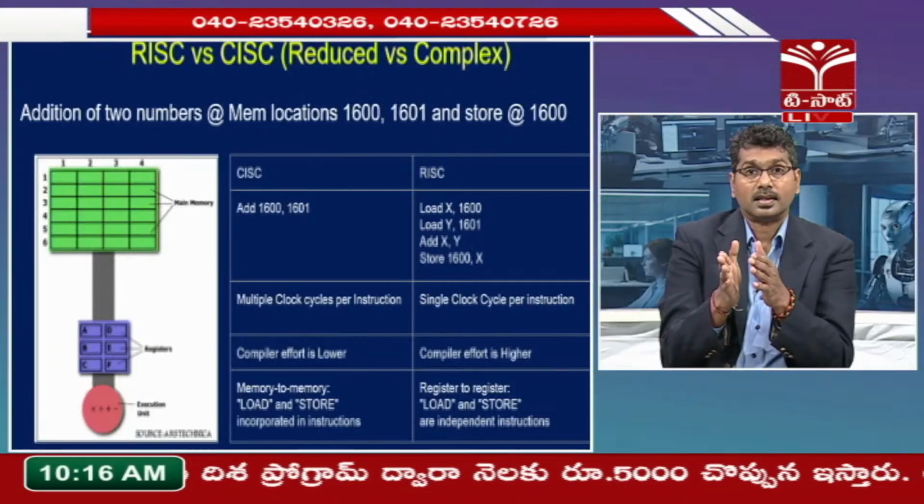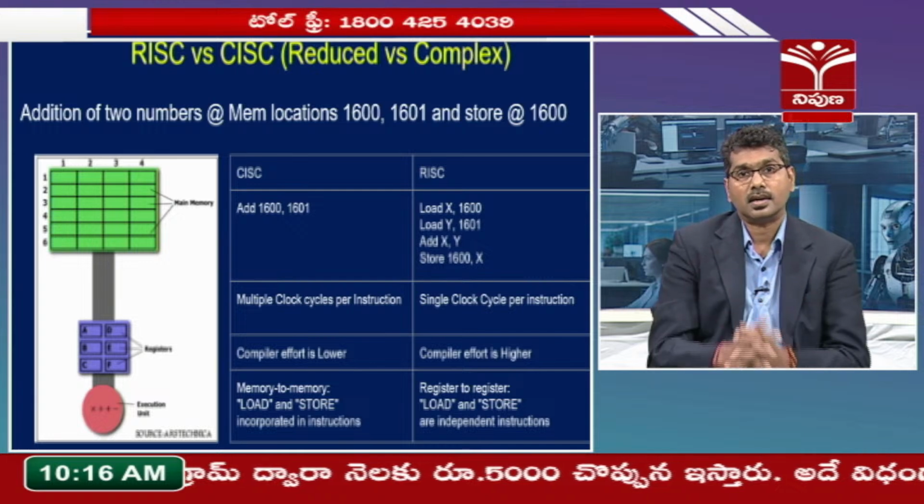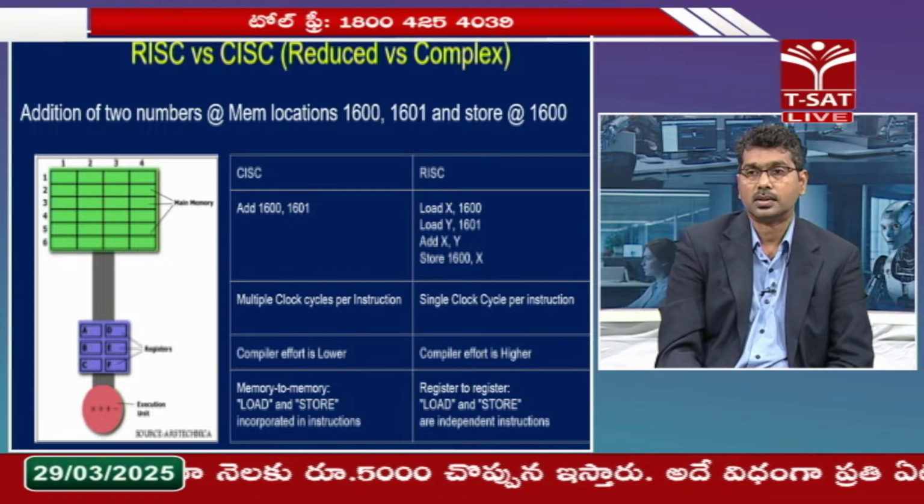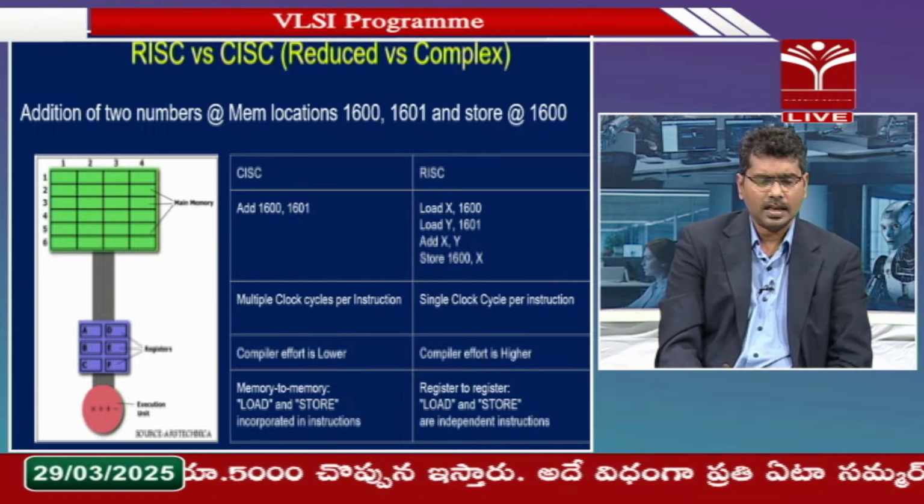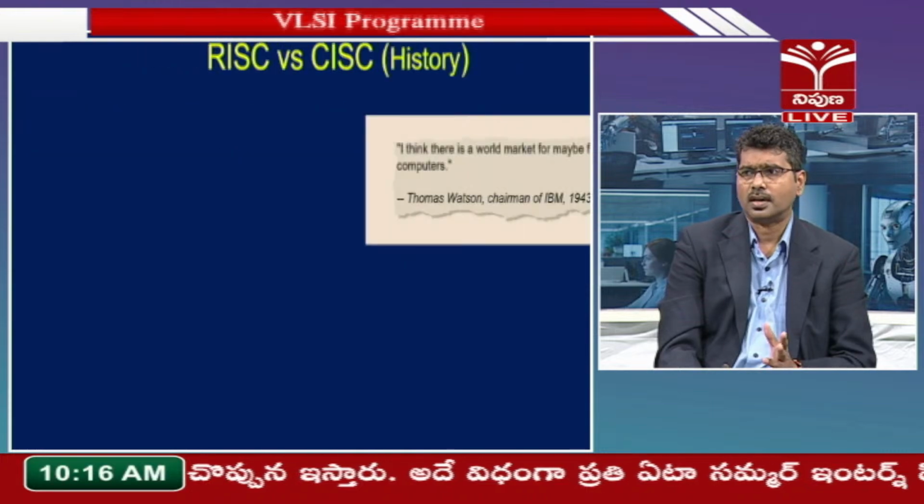So overall the execution is faster. That was the thought process. That's where the C and R come from: C is complex and R is reduced instruction set.